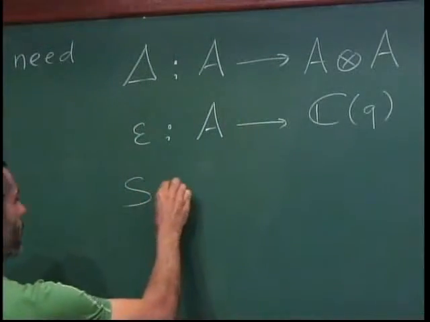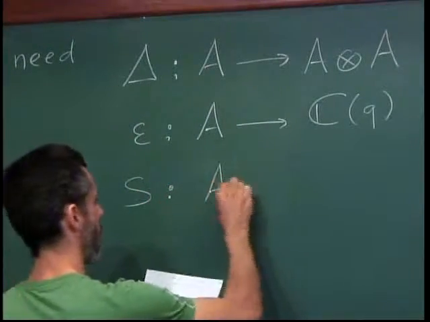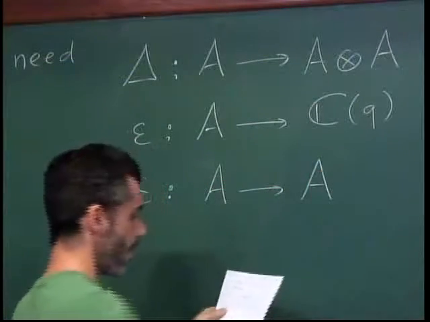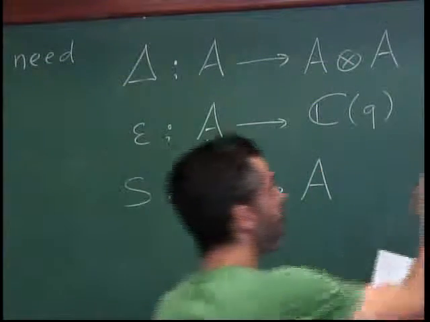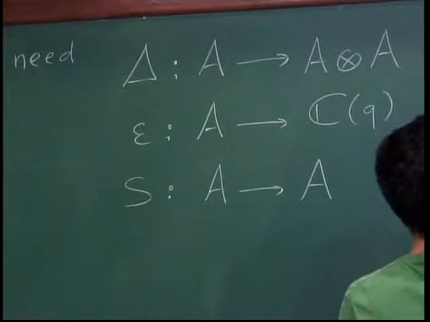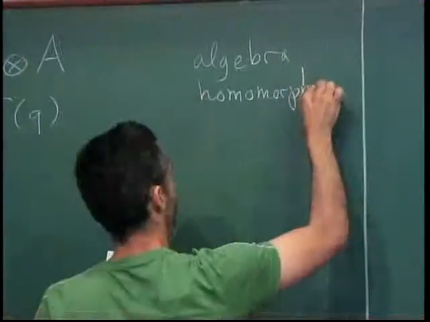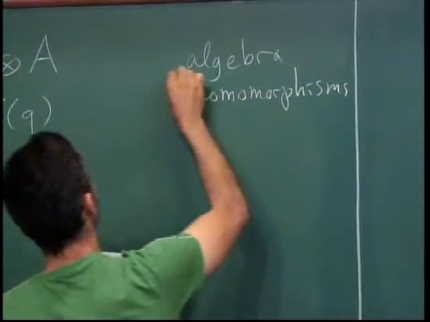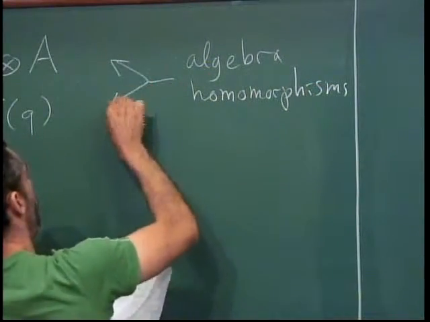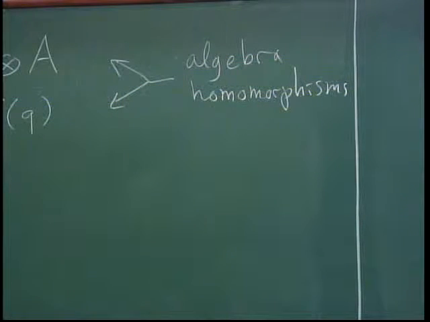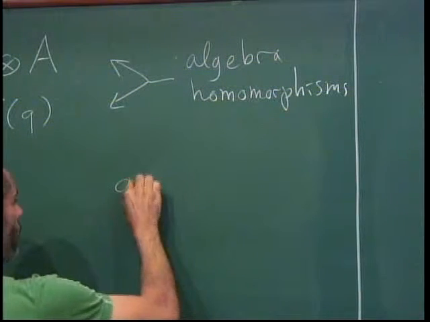And an antipode. So let's recall, these are algebra homomorphisms, and that one is an algebra anti-homomorphism.